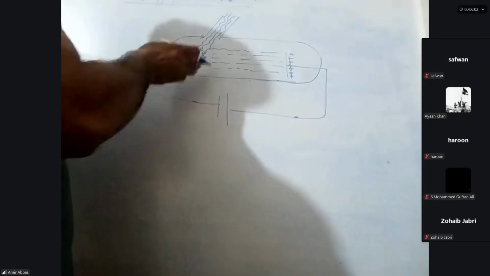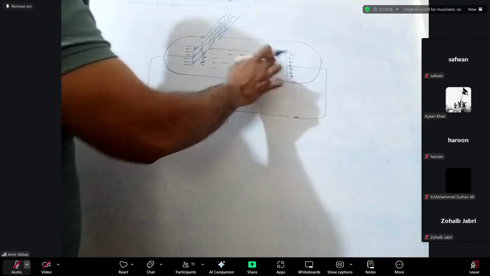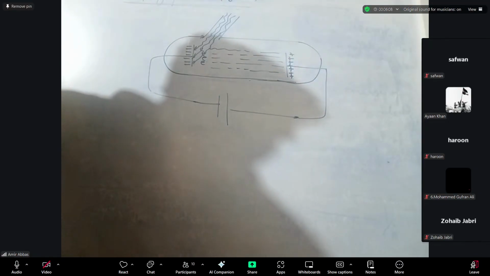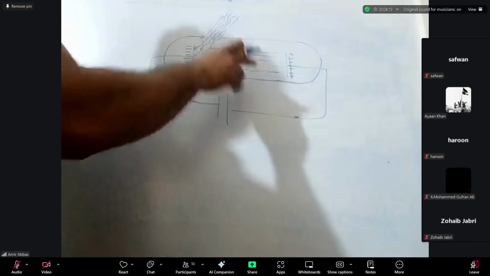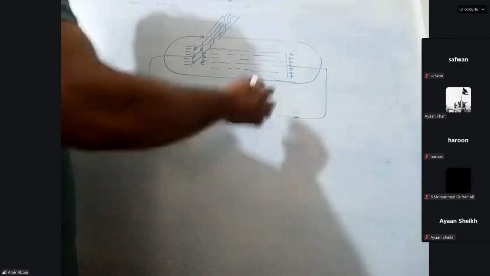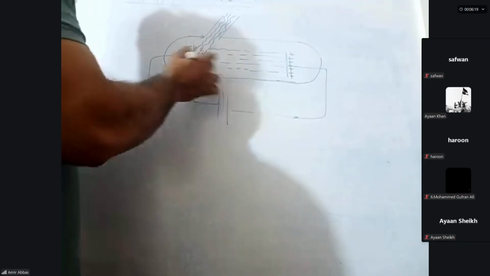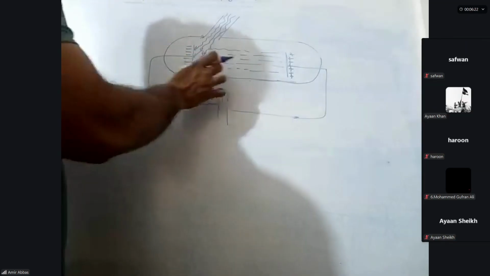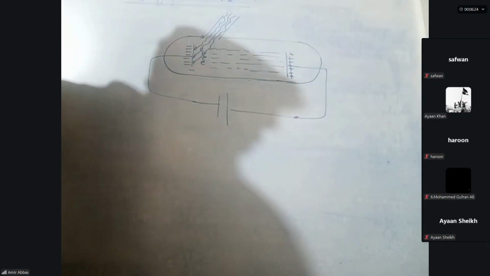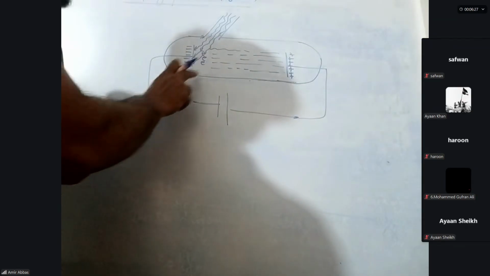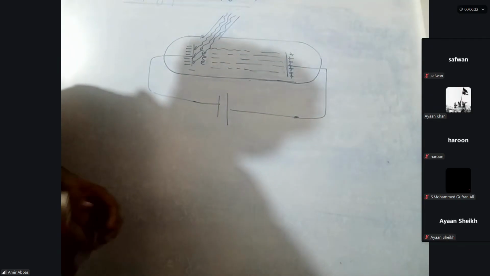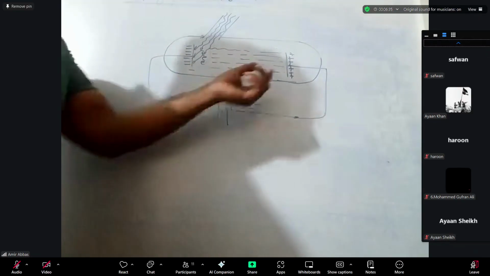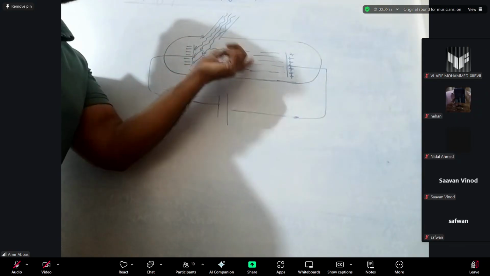The flow of electron towards this side, towards the anode side, starts decreasing. If we decrease the potential of this side with respect to the cathode, at that much the flow of electron gets stopped. That potential of anode is called stopping potential. Got that, beta? The negative potential of anode with respect to cathode at which the flow of electron gets stopped is called stopping potential. Have you got that?